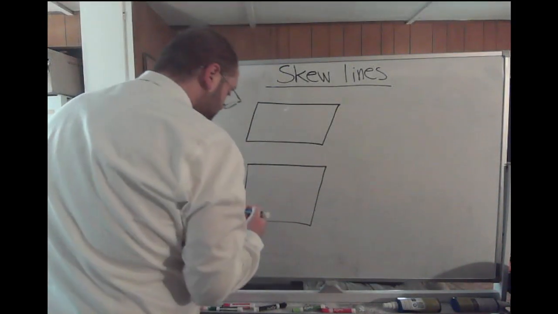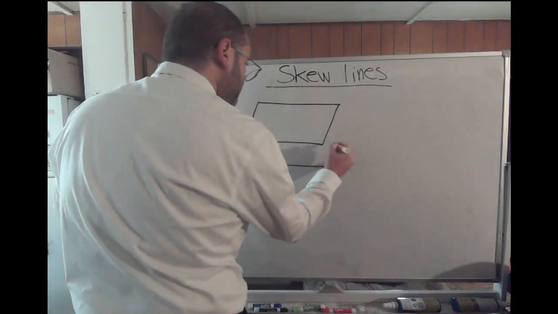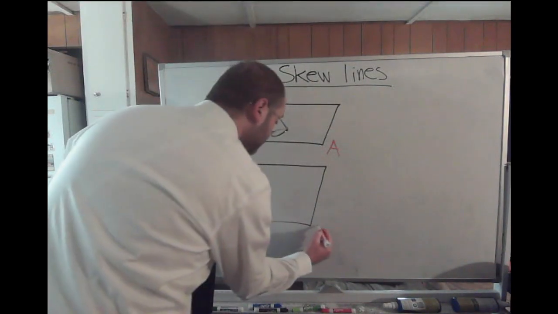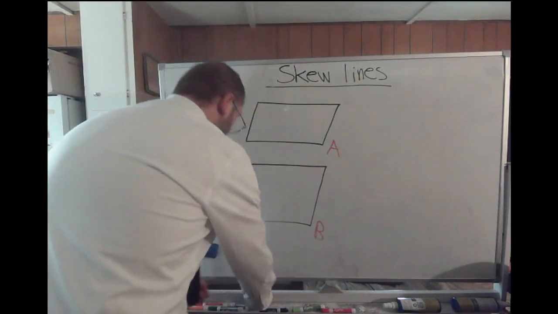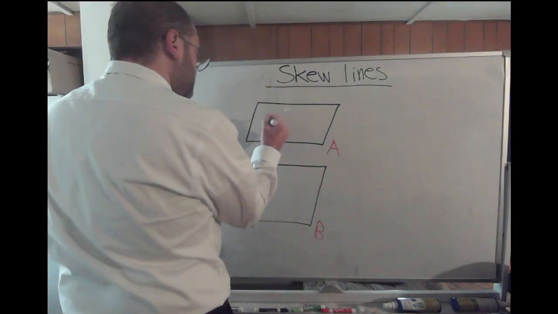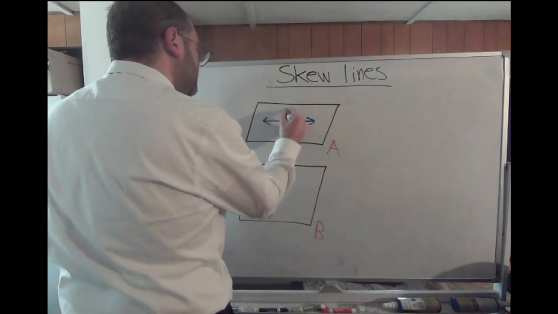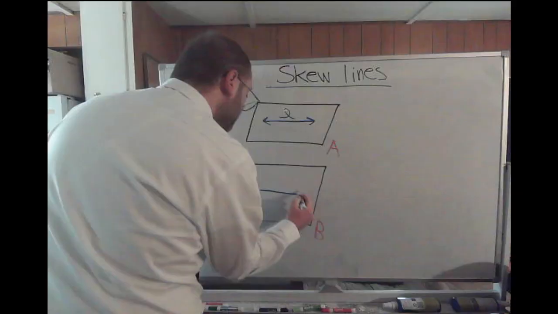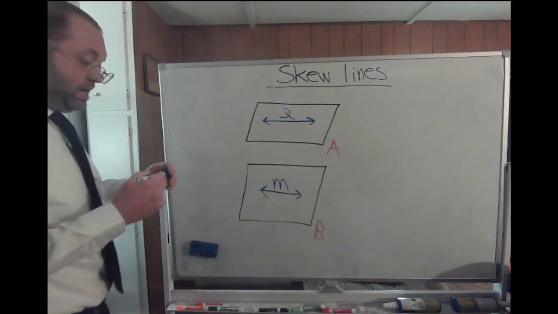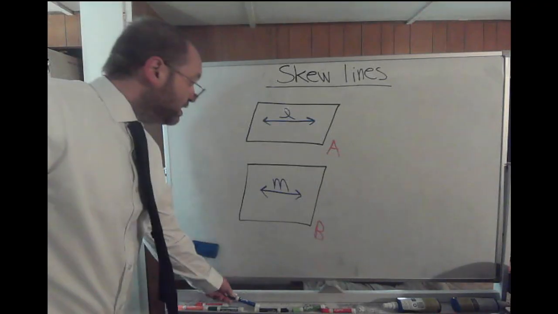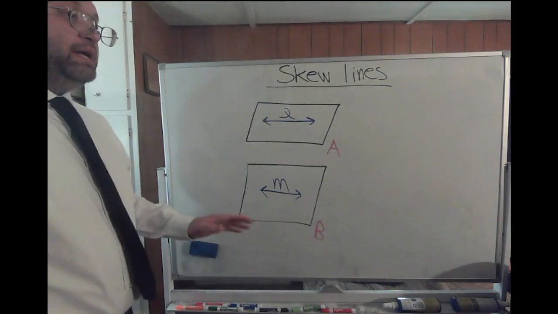This will be plane A, this will be plane B, and then we have line L here in plane A. We have line M in B. Alright, so I have a line L in plane A, a line M in plane B.